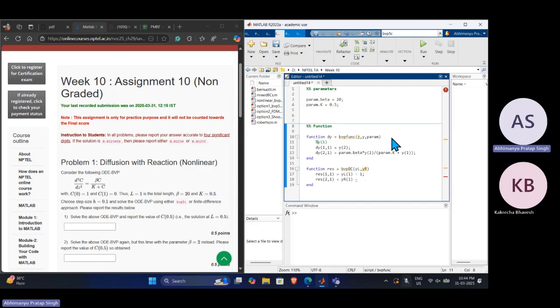We'll comment this: y1 is equal to c and y2 is equal to dc by dz, and this is 0. So we have the function and we have the boundary conditions. I think this should be good enough.